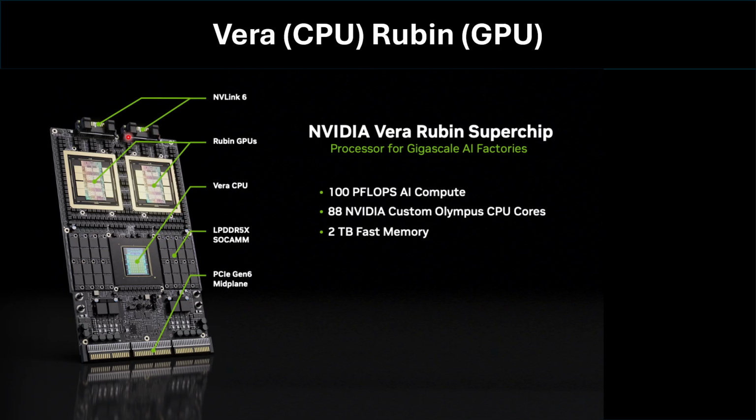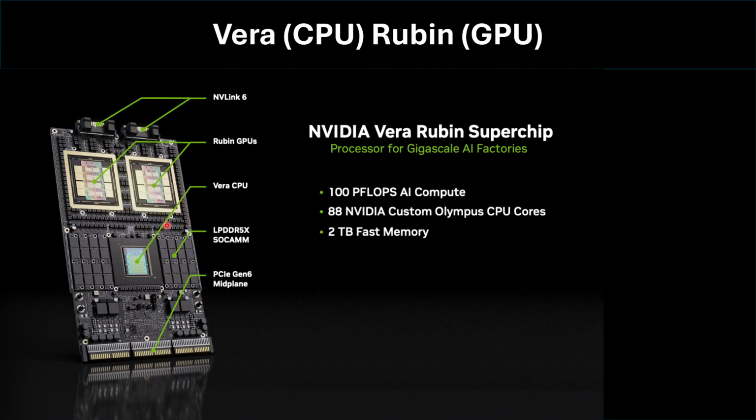I think the switch is probably somewhere else on a special node, as in the previous design. But this is probably the port with the 18 links of NVLink 6 generation. And you can see two Rubin GPUs, and we will see how they are connected with this Vera CPU through the chip-to-chip NVLink connection. Here an NVLink chip is present. I'm assuming that all around is probably high bandwidth memory.